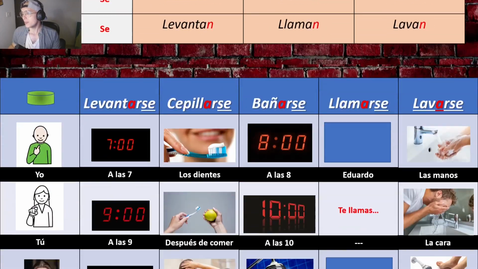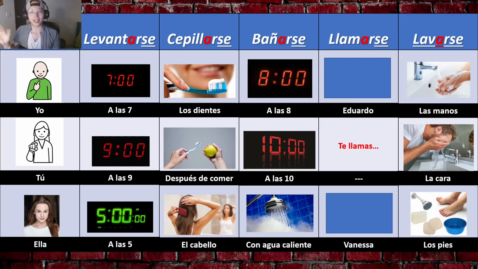Now, let's do a little exercise with this. We'll have three subjects, yo, tú, y ella. And we'll have the following verbs. Repeat with me. Levantarse. To get up. Cepillarse. To brush your teeth.